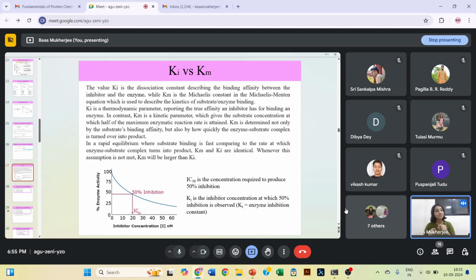I have attached the link to this website and this inhibitory concentration 50 is the concentration required to reduce the enzyme activity by 50%. Okay, and the concentration of the inhibitor required to do so is called the Ki. Just like your Km which was for substrate, this is Ki. So 50% of the inhibition is attained at Ki concentration of the inhibitor.